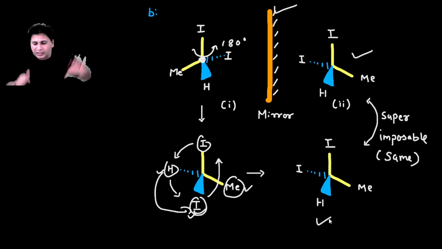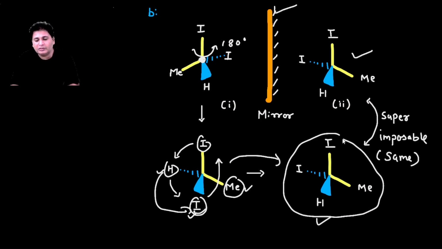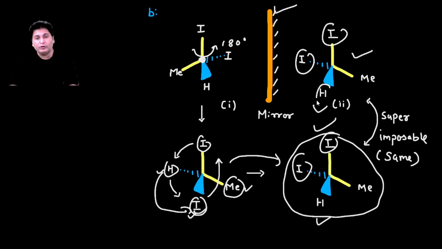It will not change the compound, and from here I got this figure. And this is exactly superimposable on 2. Why? Because if you try to superimpose, the iodine matches on iodine, this hydrogen matches on this hydrogen, and this methyl matches on this methyl.